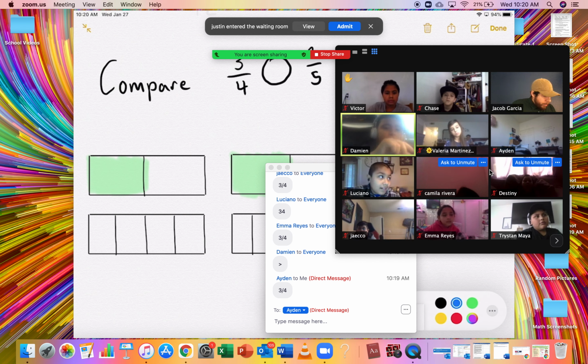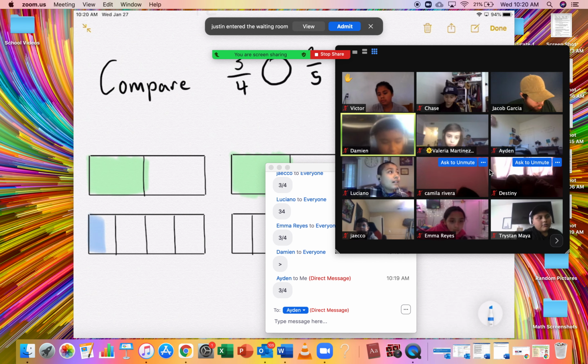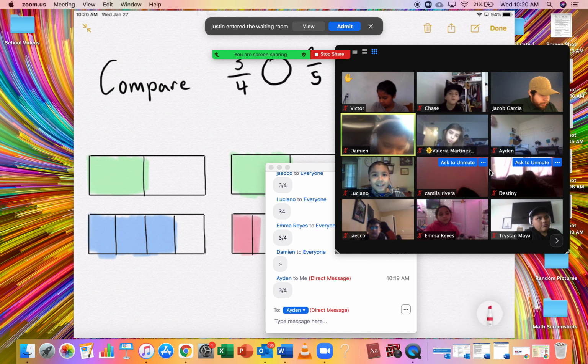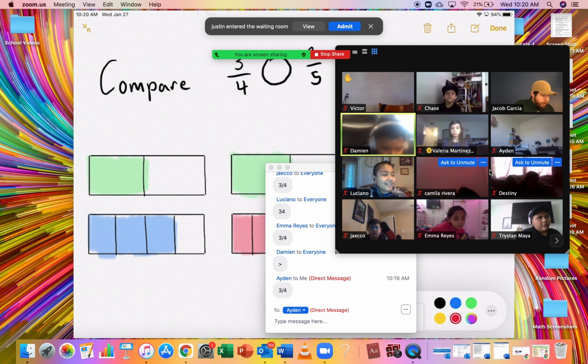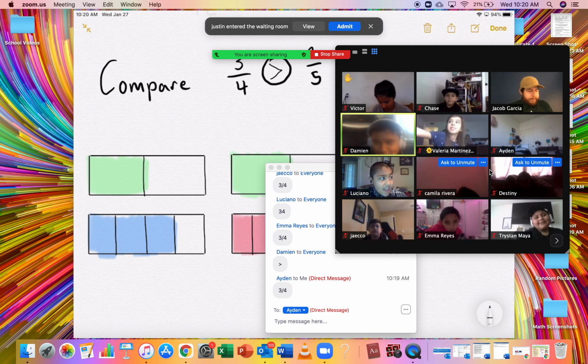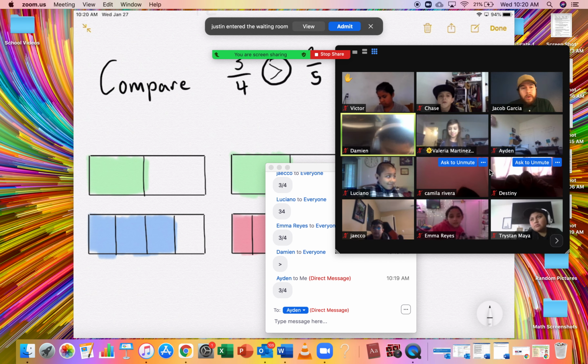We fill out our first one, which is 3/4, because everyone has sent me their answers already. You can compare it to the benchmark and tell that 3/4 is bigger than 2/5.